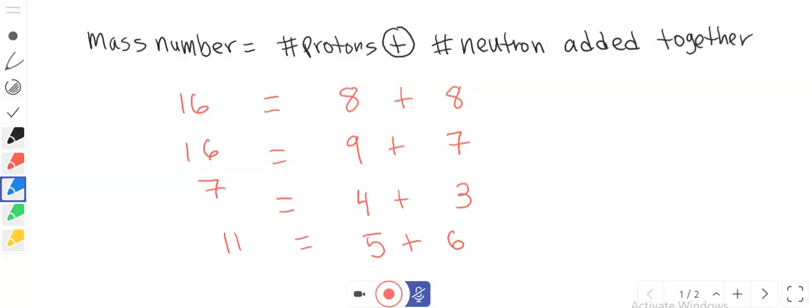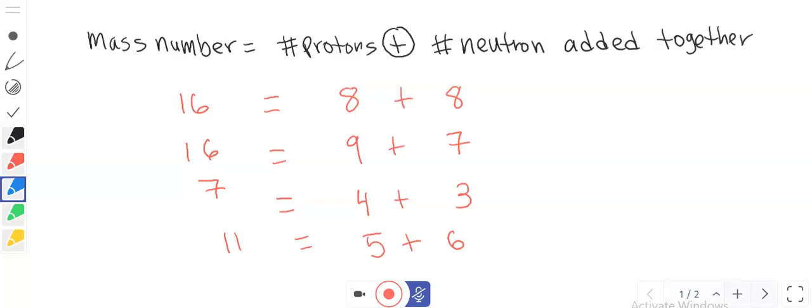Okay, just keep your mind and eyes open when you see those things. I don't want you thinking that, oh, there's only one way to do it. Oh, no, it's not equal, so I don't know what to do. No. If you have the number of protons plus neutrons, add them, and it'll give you the mass number. Okay? So that's how you find mass number.